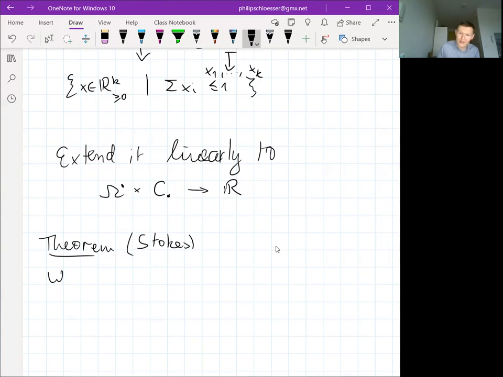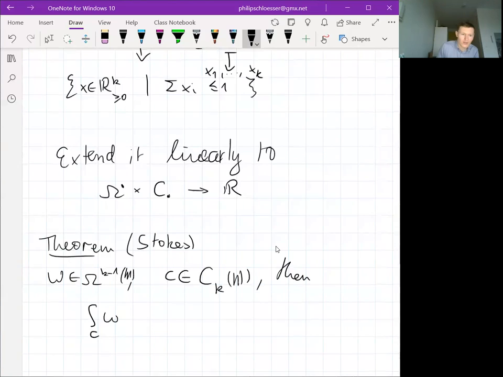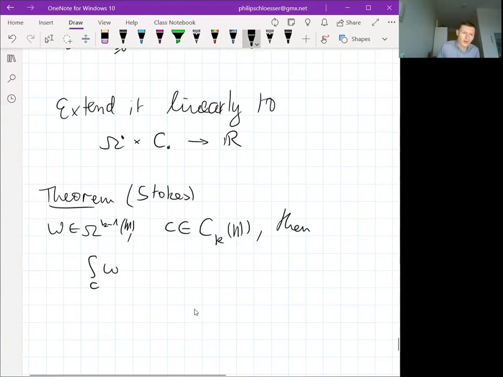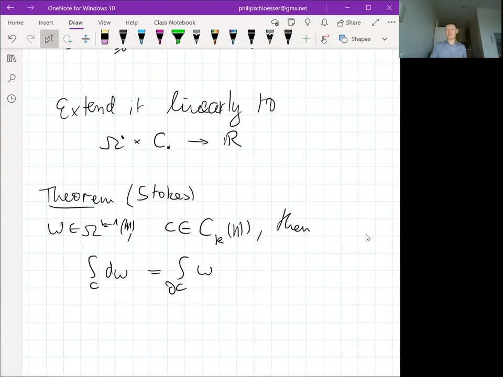So we have a k-1 form omega and a k chain C. Then the integral of d omega over C is equal to the integral of omega over the boundary of C, where we don't have to worry about any kind of orientation issues, just because it's all in the definitions.